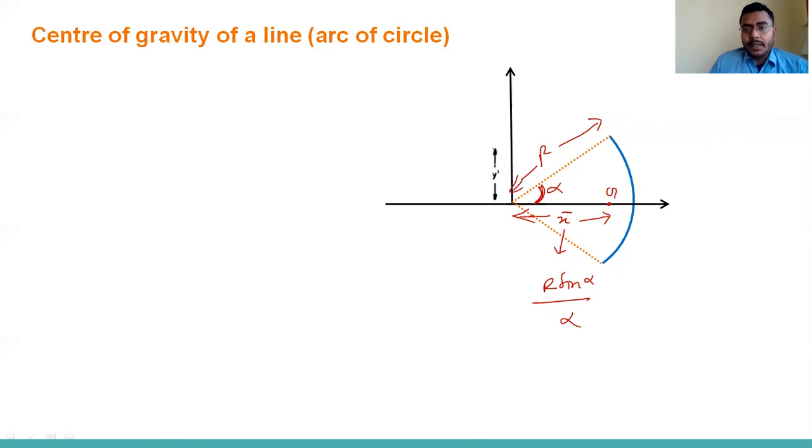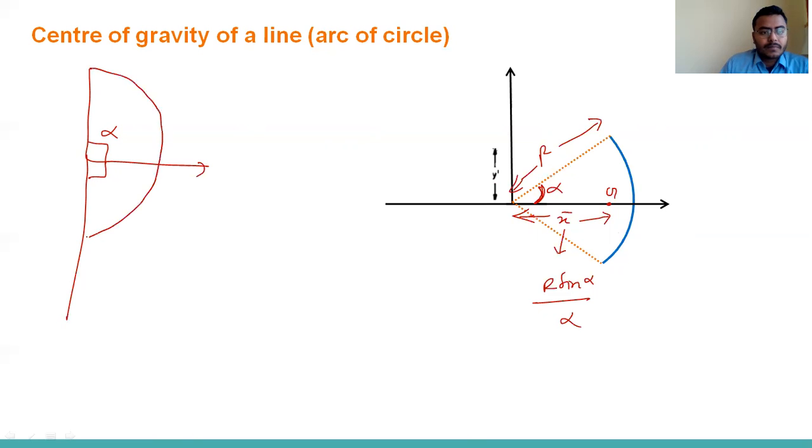Now if alpha is 45 degree, if alpha is 90 degree, what is my point? Suppose alpha we are taking 90 degree. So this is alpha, and minus alpha will also be minus 90 degree, so it will cover this.